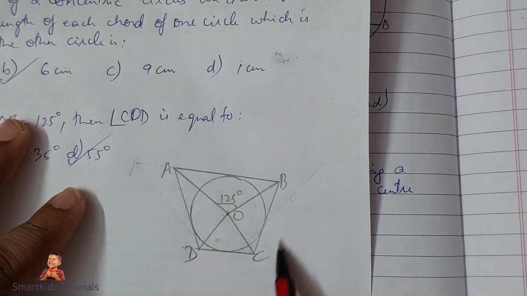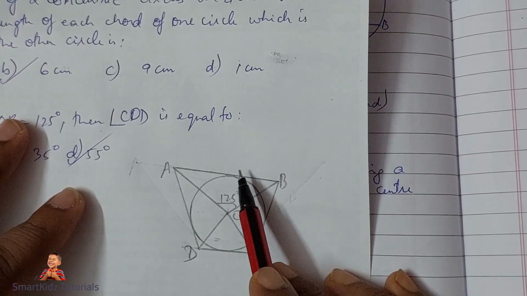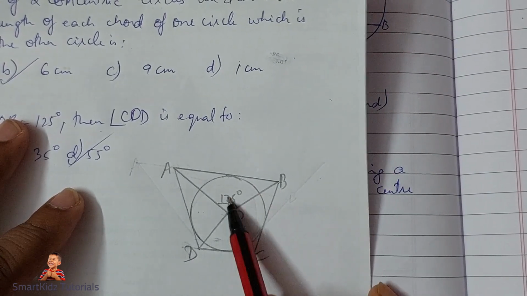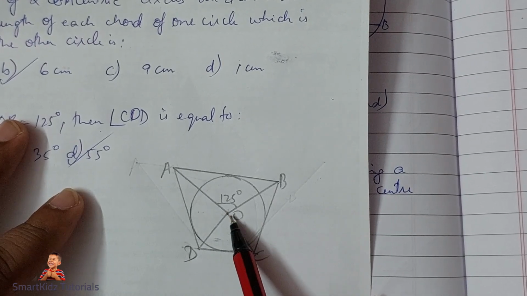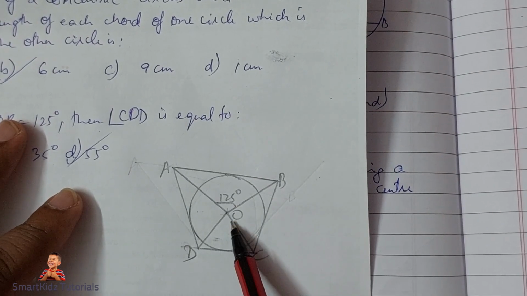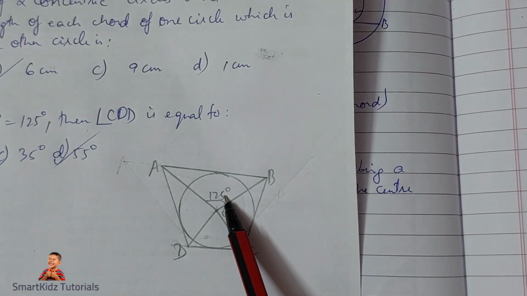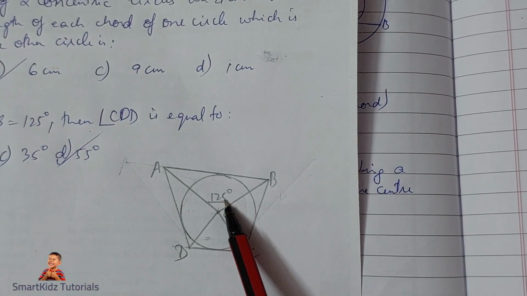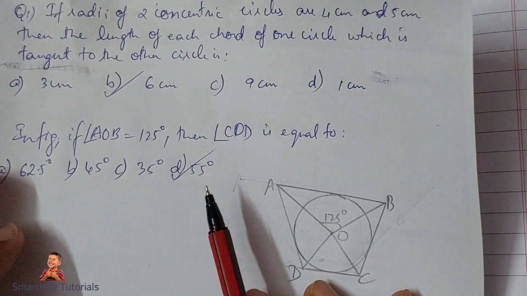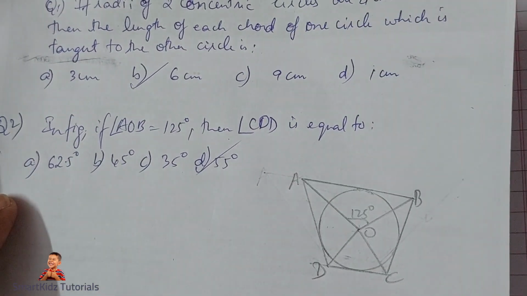So what it says is, if there is a quadrilateral which is circumscribing a circle, then the sum of the angles subtended by opposite sides at the center will be 180 degrees. That means 125 plus this angle will be 180 degrees. And that is why I've said 180 degrees minus 125 degrees gives us this, because this plus this should become 180 degrees. And that is why 55 degrees is the correct answer.